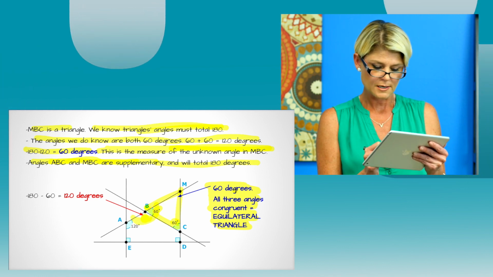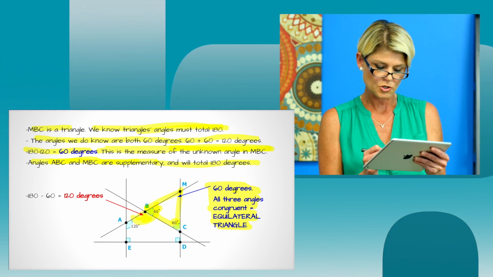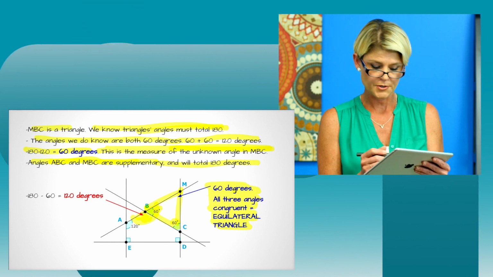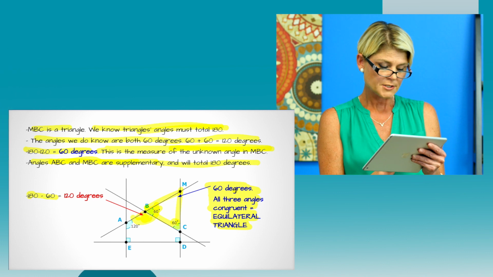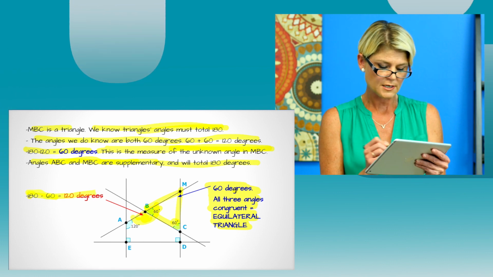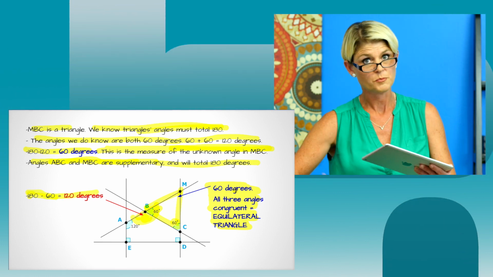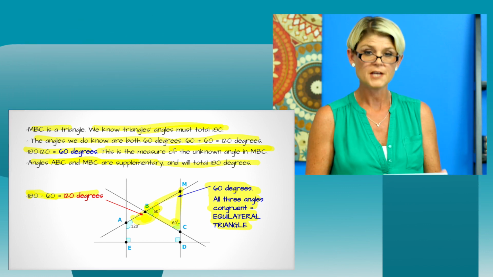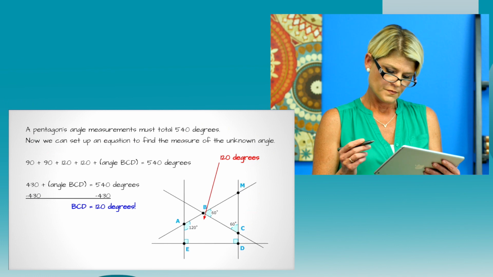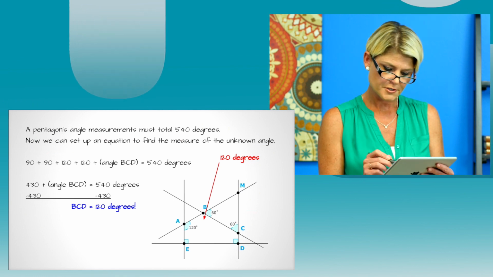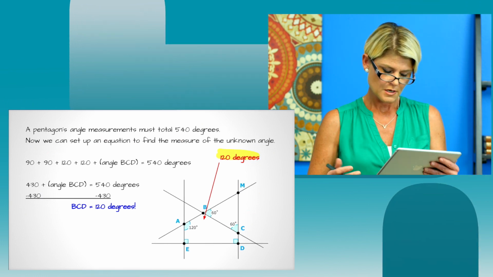It is actually adjacent to this 60 degrees. I know it has to total 180, so I take 180 because it's a straight line. 180 degrees minus 60 degrees tells me that that angle will be, actually big because it's obtuse, 120 degrees. All right, so I've put that 120 degrees there now.